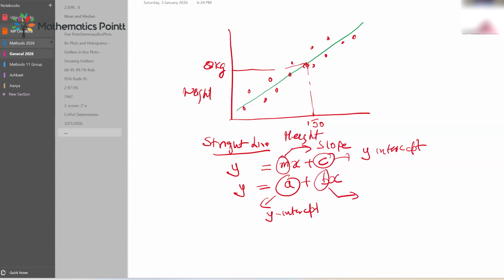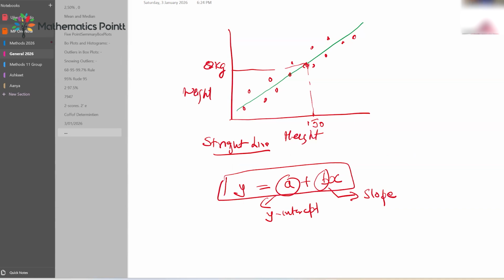Similarly, B is the slope of this line. So now I will not write y equals to mx plus c at all. I'm taking that off now. Rather, I will just use y equals to a plus bx, where a is the y-intercept.